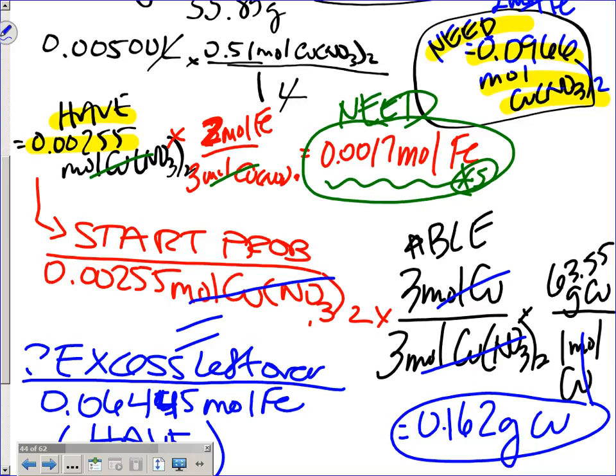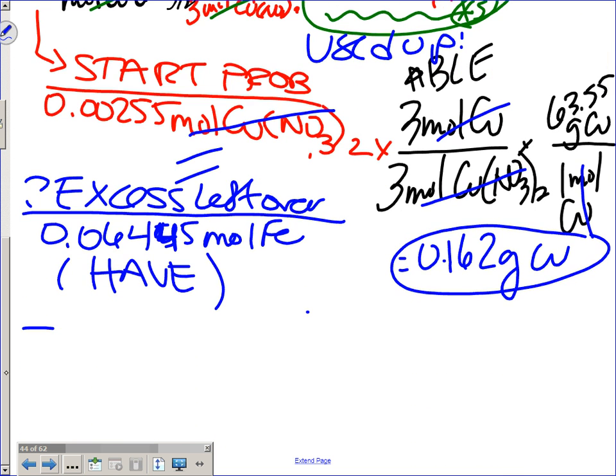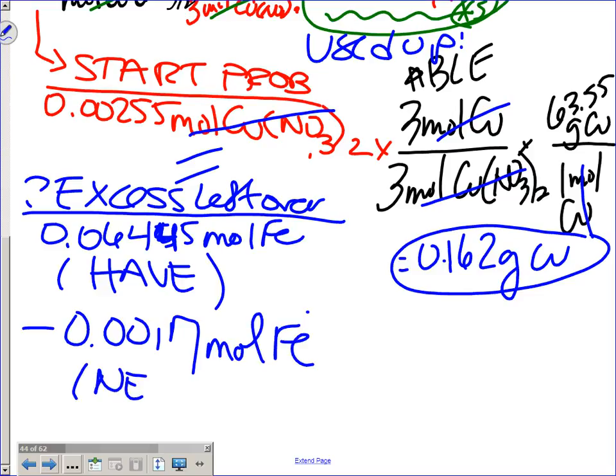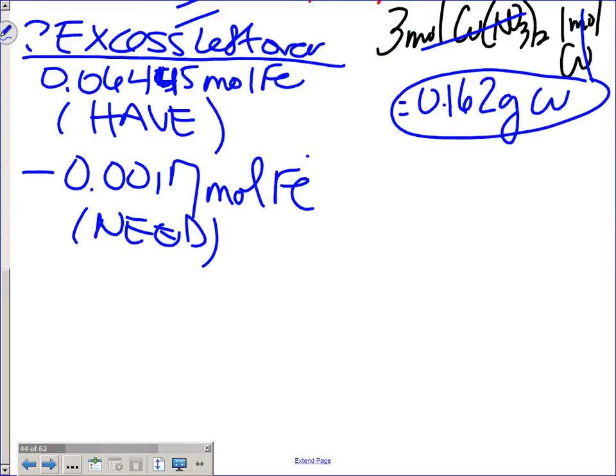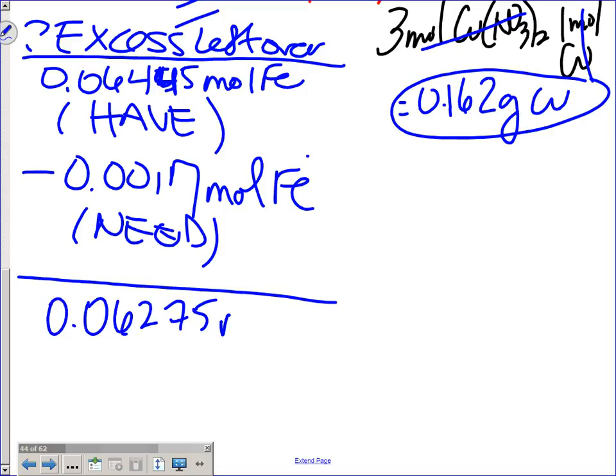So that's how much is used up from the initial amount of iron I started with. 0.0017. So minus 0.0017 moles of iron, and that again was how much I needed. If you were labeling your work as I was asking, you could actually follow my language here. So that minus that gives me what? 0.06275 moles of iron.